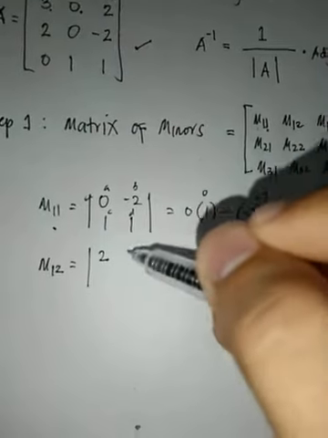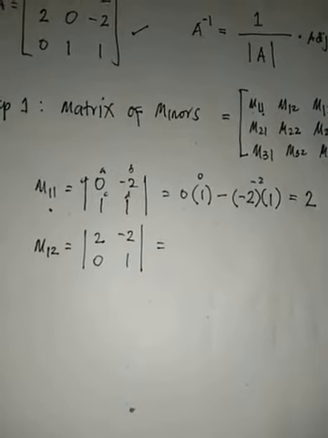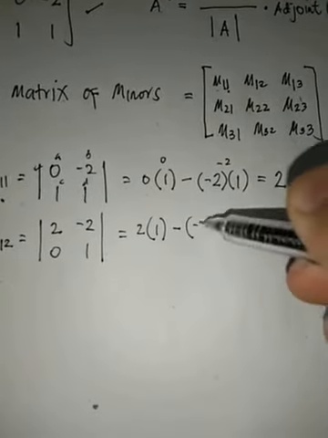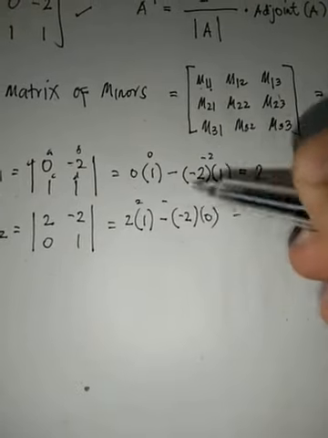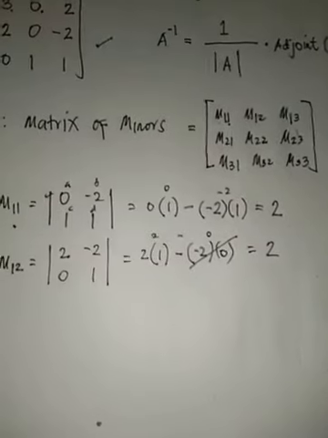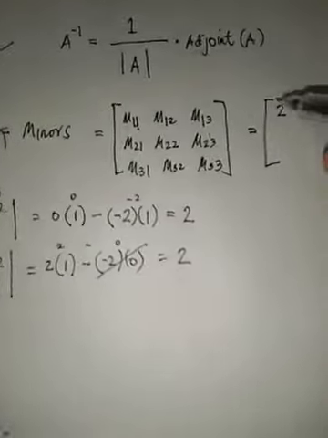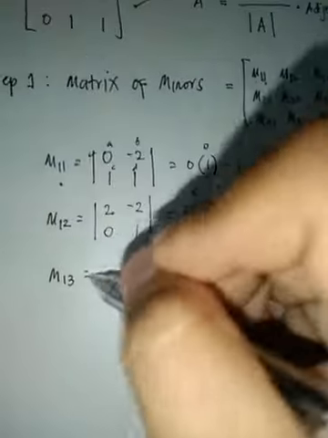Then, get the determinant. 2 times 1 minus negative 2 times 0. So, this is 2 minus 0. Tama? So, the result is 2. Okay? So, therefore, 2 dito.